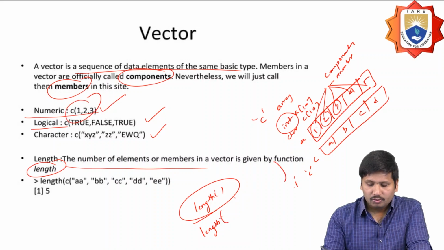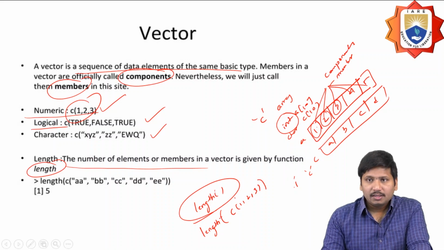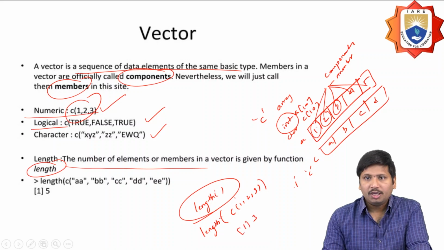I can make use of the length function. Within that I'm going to pass this vector. Like this I can find it, and it returns that the length is 3.